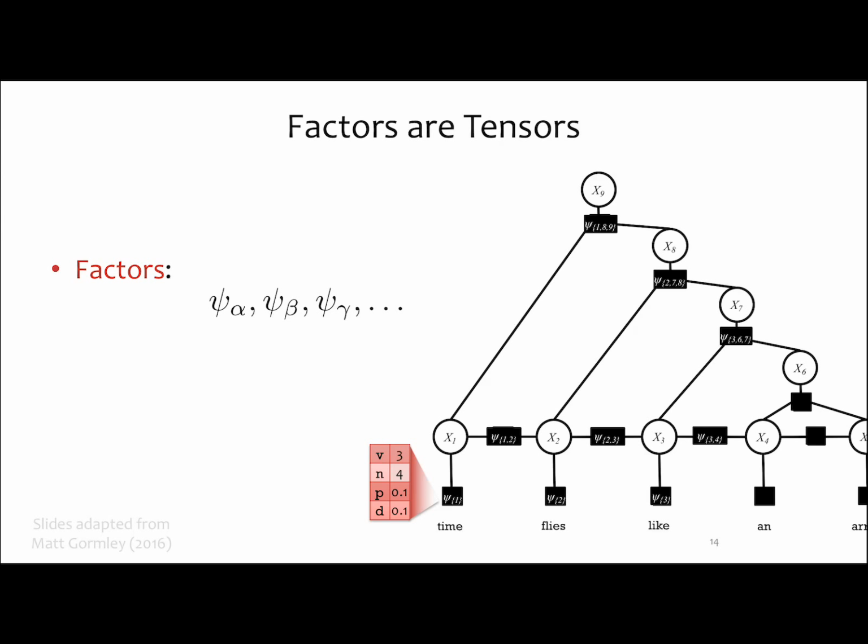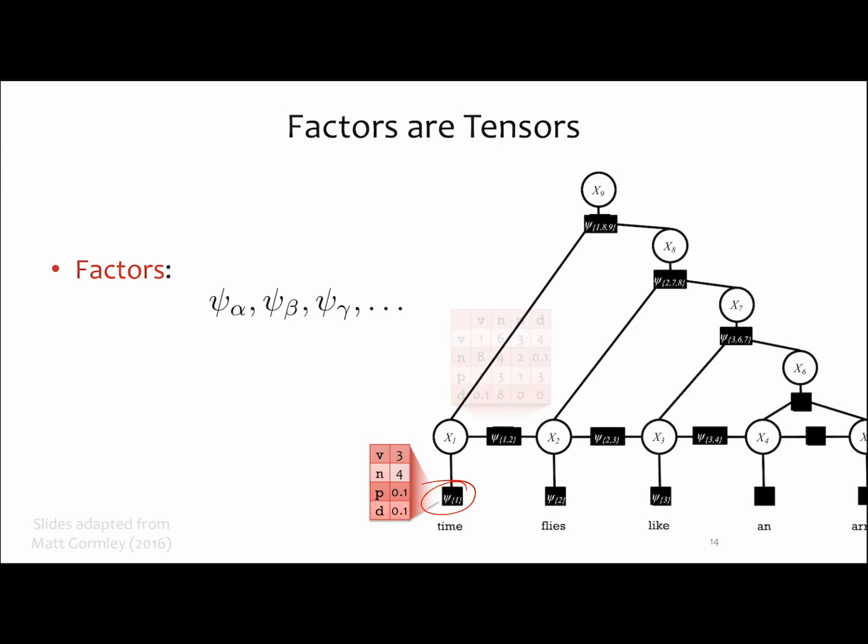Each factor you can view as follows. Here is a unary factor. Basically, a factor connected to only one random variable. If this random variable is discrete, we can view it as a vector, right?